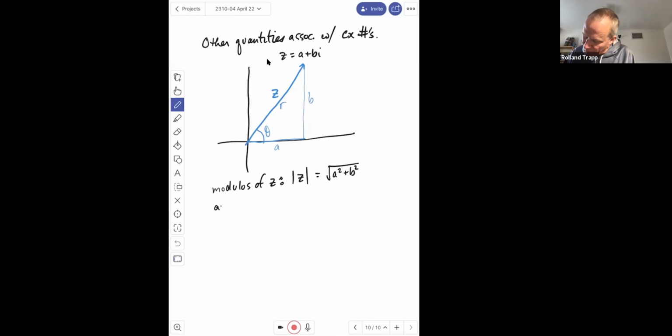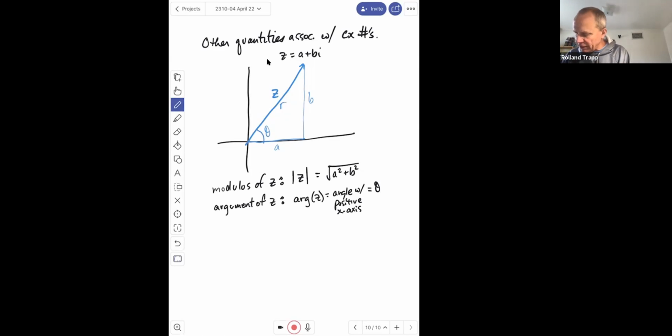And then the argument of z is denoted by arg of z, and it's equal to the angle with the positive x-axis. In our notation, that's theta.